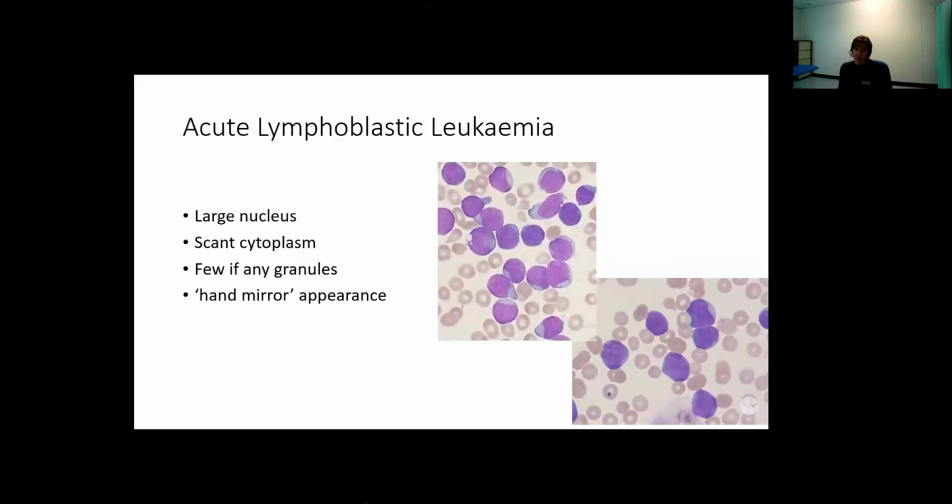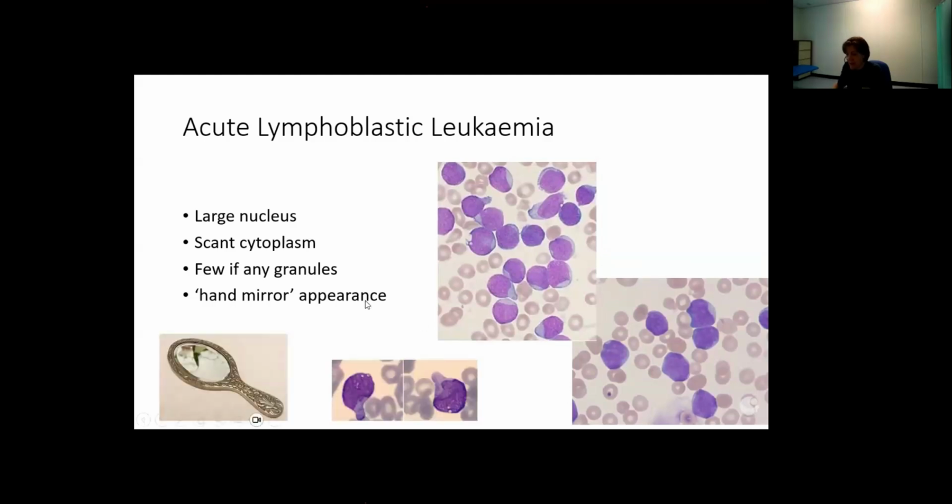If we then look at ALL, acute lymphoblastic leukemia, then again, they do look slightly different. They have, again, the same large nucleus with pale blue cytoplasm. Often there's less cytoplasm and very few granules, but you can get caught out. The one thing that does tend to be more of a sign is this thing called the hand mirror appearance.